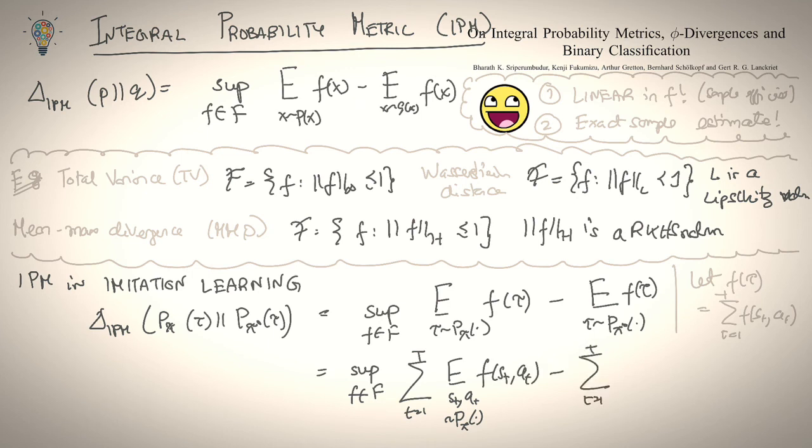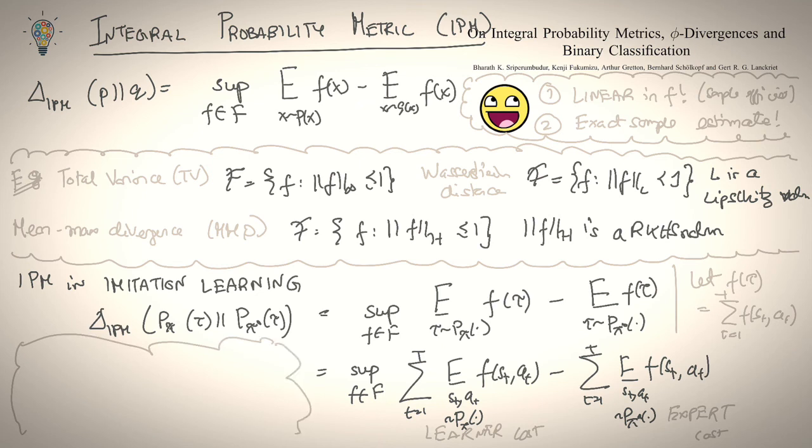So it looks a lot like a cost function, right? Sum over cost of the learner minus sum over cost of the expert. So only one question remains. How do you pick the class f? If you look at the expression, it suggests to pick a class f of moments of the cost function, right?